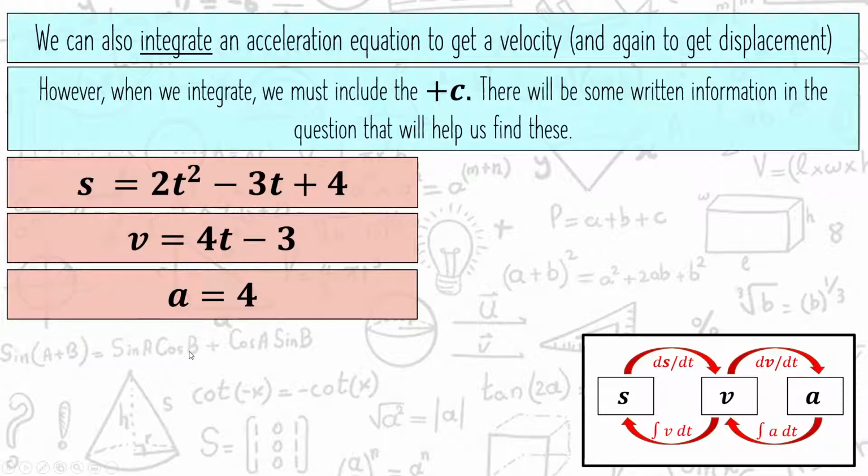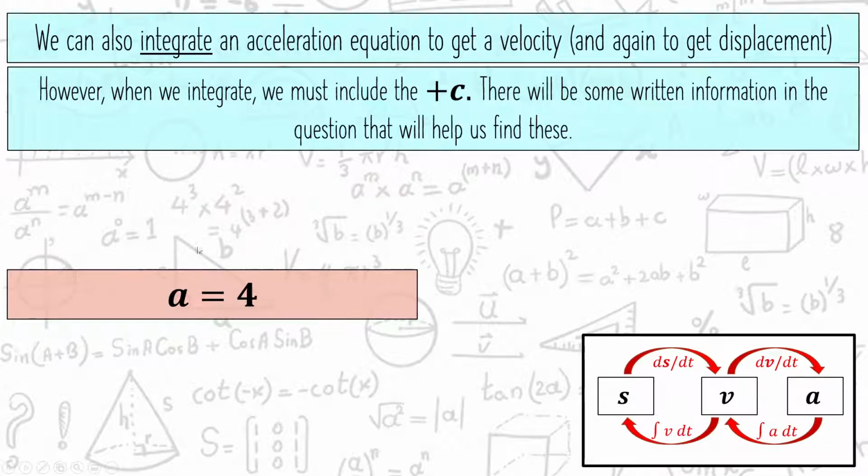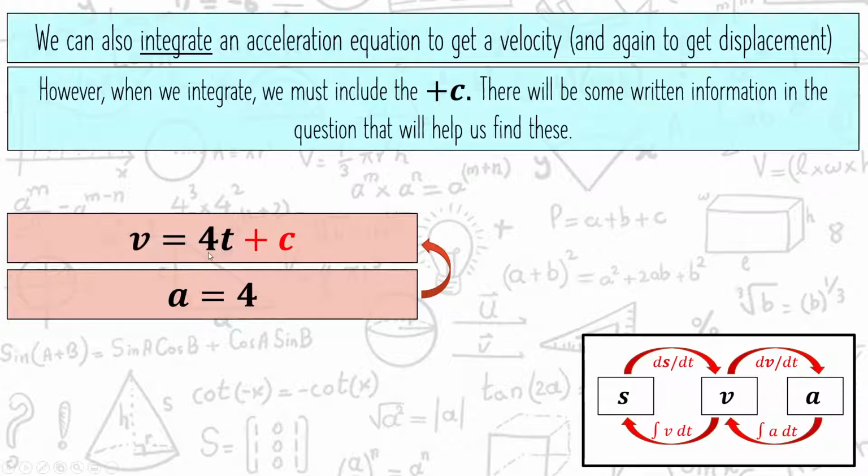Let's imagine we had this situation where we knew the acceleration, but we wanted to get back to where we started. If I integrate 4, I'll go back to 4t plus c, but that plus 3 element has now vanished. So I'd need to know some information about the initial velocity or the velocity at a certain point in order to find it again.